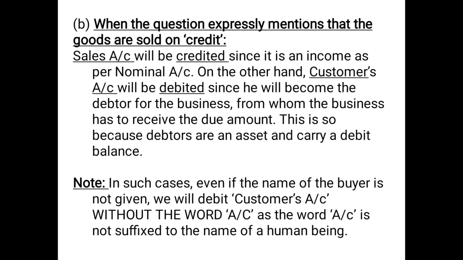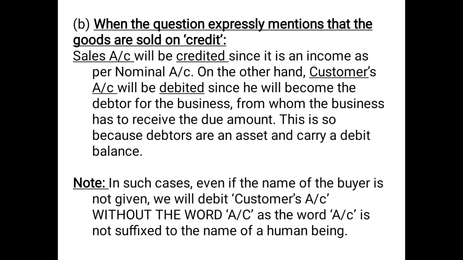This is so because debtors are an asset and carry a debit balance. Now, one very important thing which you need to remember, and that is given in note. In such cases, even if the name of the buyer is not given, we will debit customer's account without the word account, as the word account is not suffixed to the name of a human being.